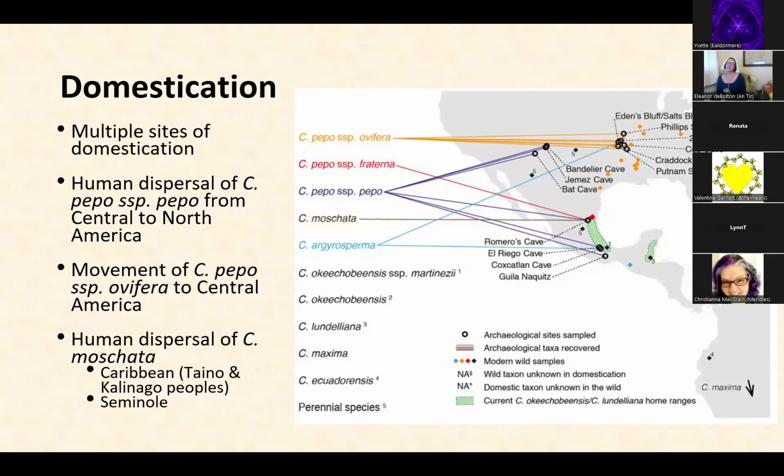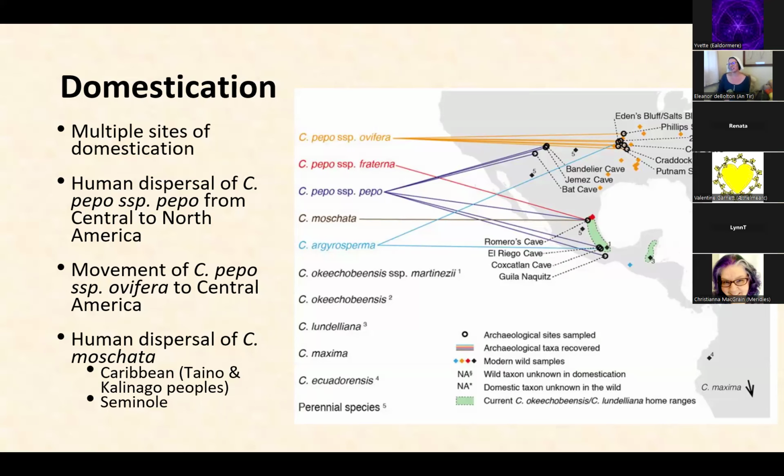So this is a much more clear sign. This is from the archaeobotanical record of where they actually have found different types of pumpkins in different archaeological sites. Wow, I really can't speak. So anyway, once again, this is just where they have found it, not where they thought it was domesticated.